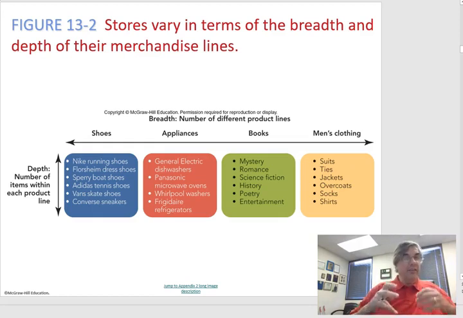But then you can have a very narrow focus, but with lots and lots of options. And I always think of Toys R Us, right? They're a category killer. They sell every kind of toy and all sorts of varieties of those toys, and that's where you get this merchandise line standard.